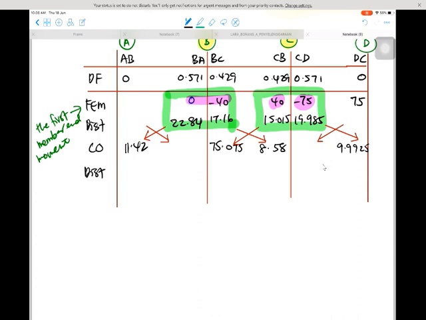So we need to distribute negative 75.075 times 0.571, we get negative 42.868. Then we do the same for the next one: negative 75.015 times 0.429, it is negative 32.181.